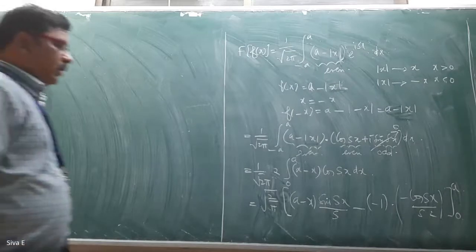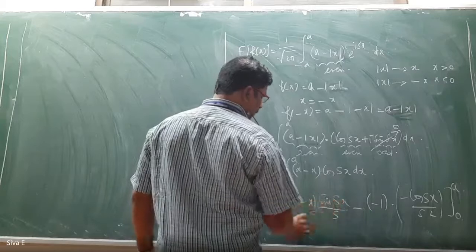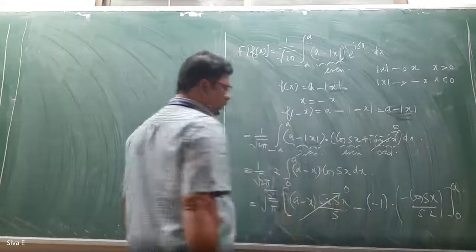Here, if you substitute a, that is 0. If you substitute 0 here, this is 0. So the first term is 0 for upper limit and lower limit.